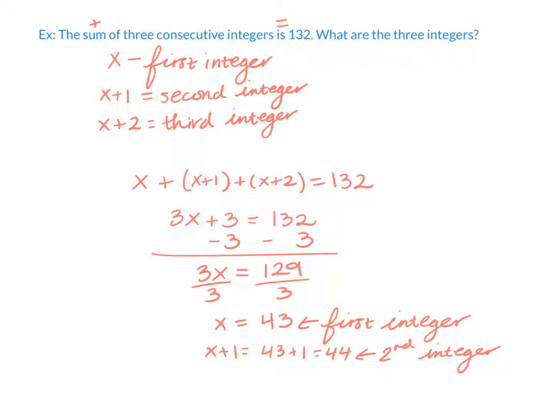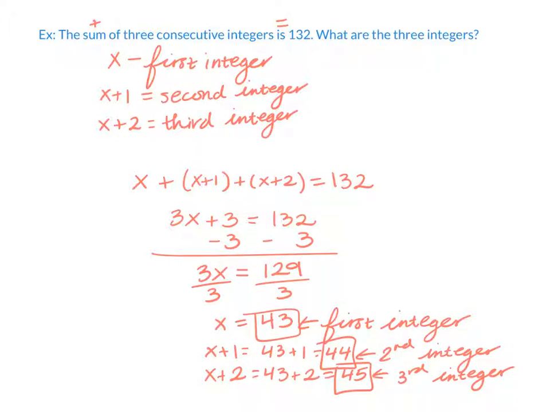And then to get the last one, we said that was x plus 2. So we're going to do 43 plus 2. So that must be 45. And that has to be my third integer. And notice these integers go in a row, 43, 44, 45. So the three numbers are 43, 44, and 45.